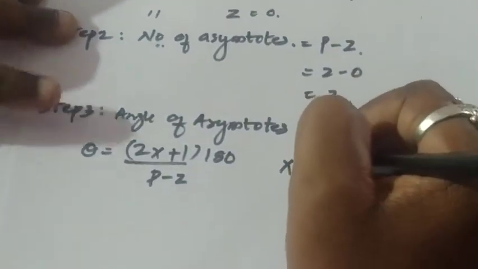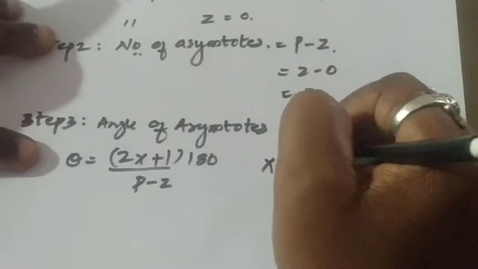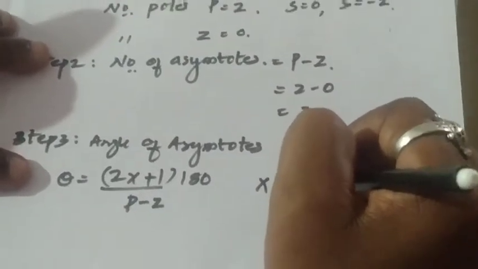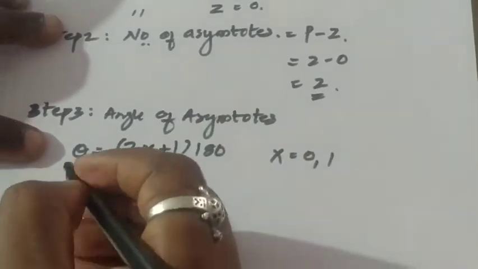If the number of asymptotes were 3, to get the asymptote angle values you would put 0, 1, 2 like that.